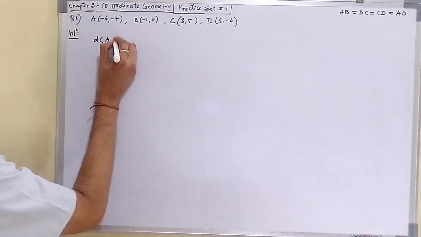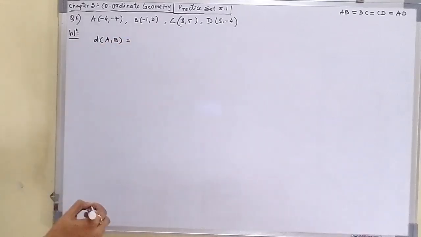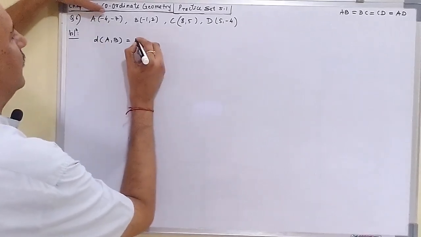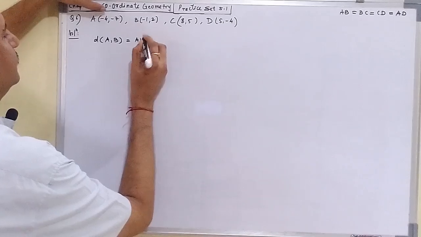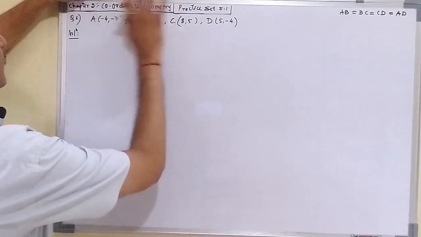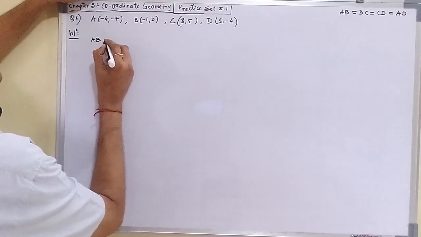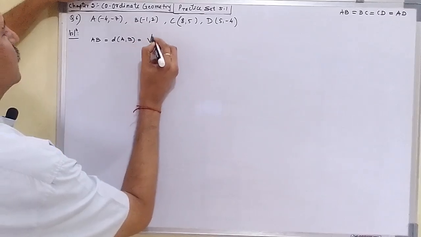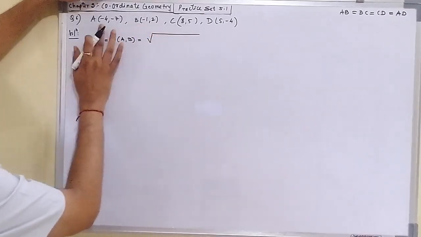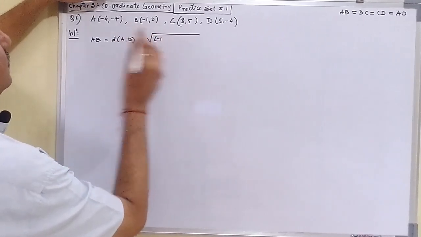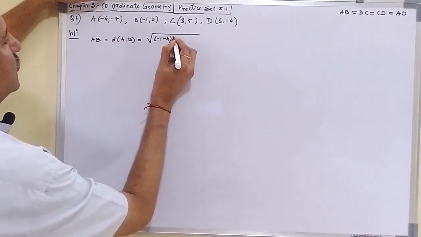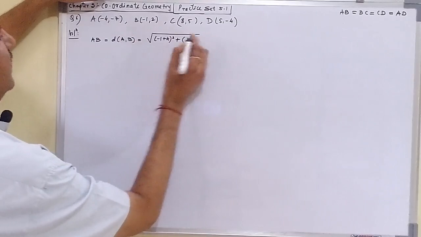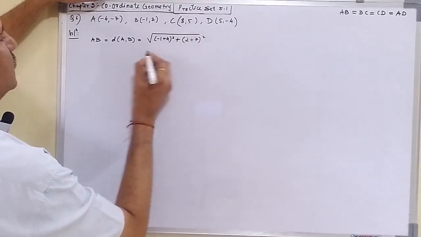Distance AB equal to square root of x2 minus x1. So -1 minus minus 4, the whole square, plus 2 minus minus 7 square.